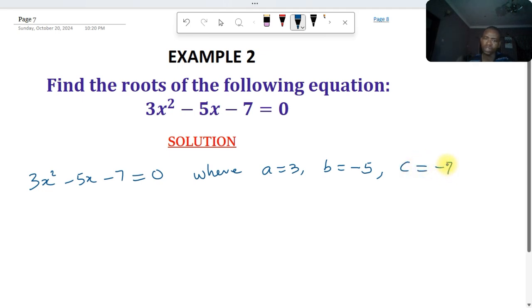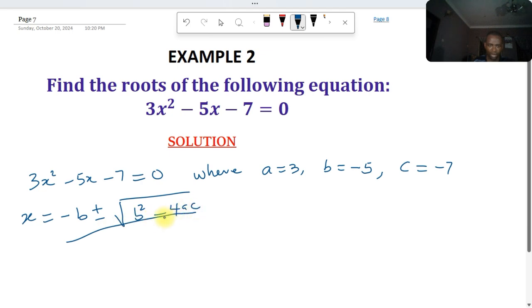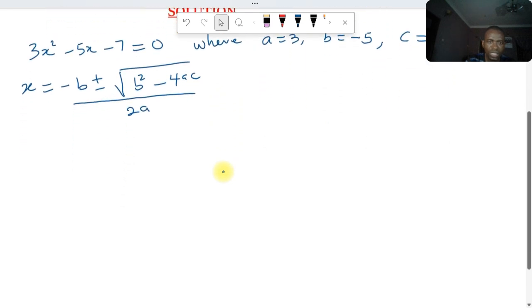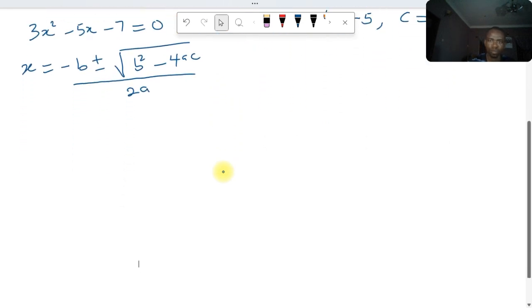So I'll use these values in my formula. The formula says x equals minus b plus or minus root b squared minus 4ac, all over 2a. So I'll just proceed and slot in my values.